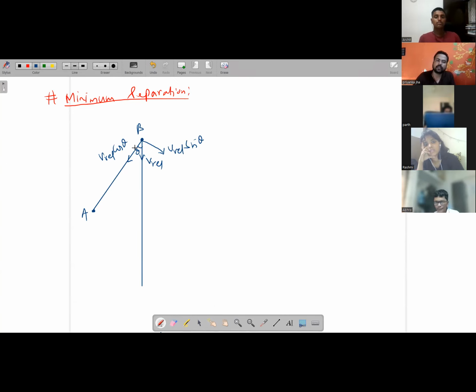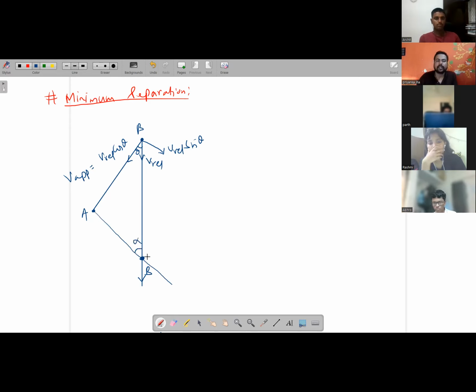Now you can see that B is trying to approach A, so this is called the velocity of approach. After some time B will come over here. Again, this is the direction of velocity of B. Join this.